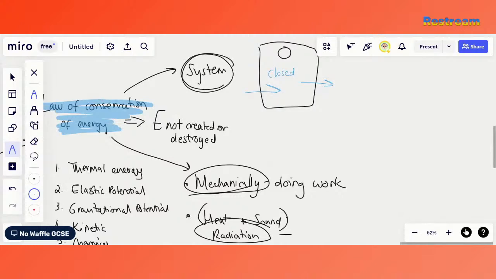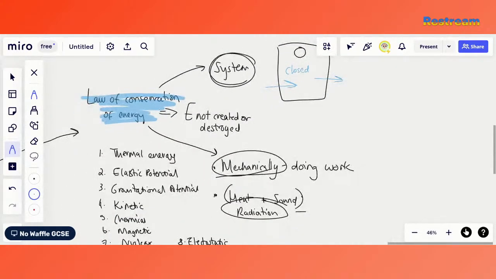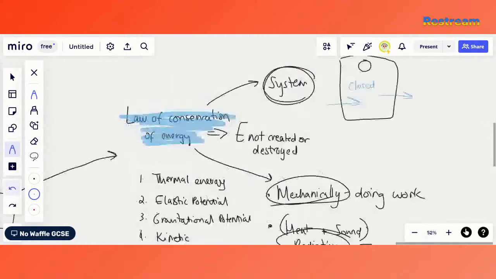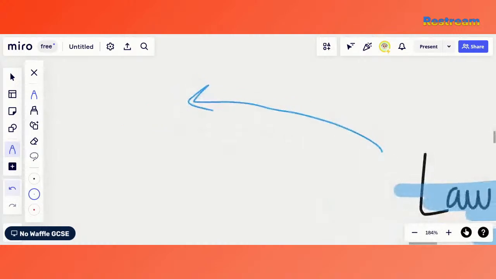So work done is just another way of saying energy transferred. They're the same thing. So when you say I've transferred energy, that's the same thing as saying I've done work. But work done is not only when you're physically doing something, work done can also happen if there's a current flowing. So work done has two things.